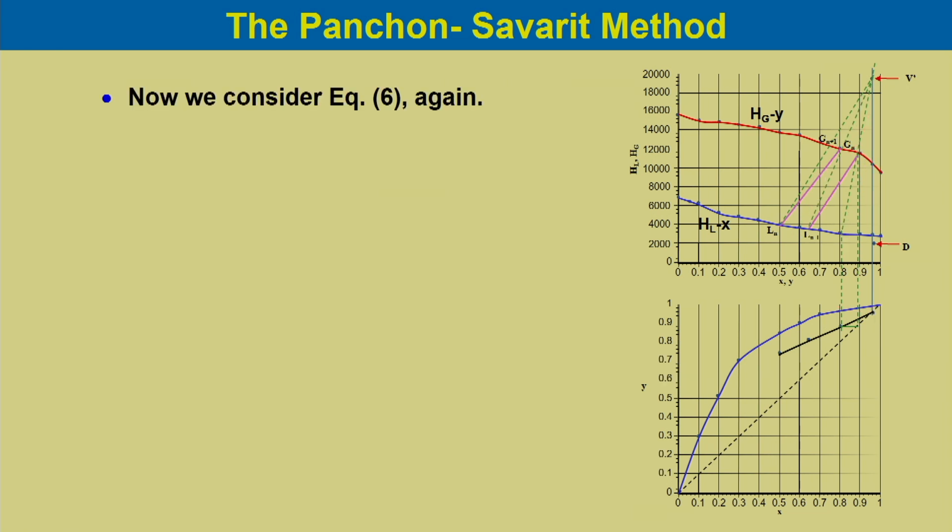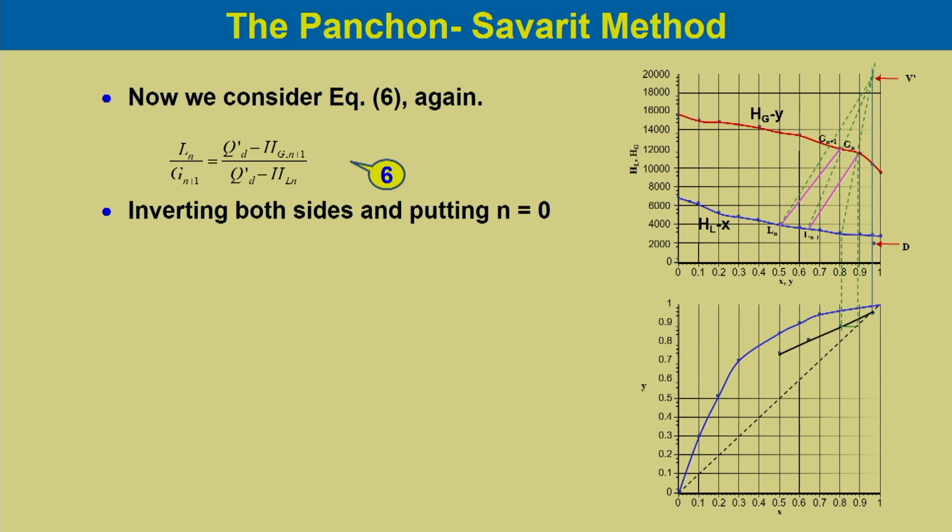Now we consider equation 6 again, that is Ln by Gn plus 1 equal to Qd dash minus Hg n plus 1 divided by Qd dash minus HLn.